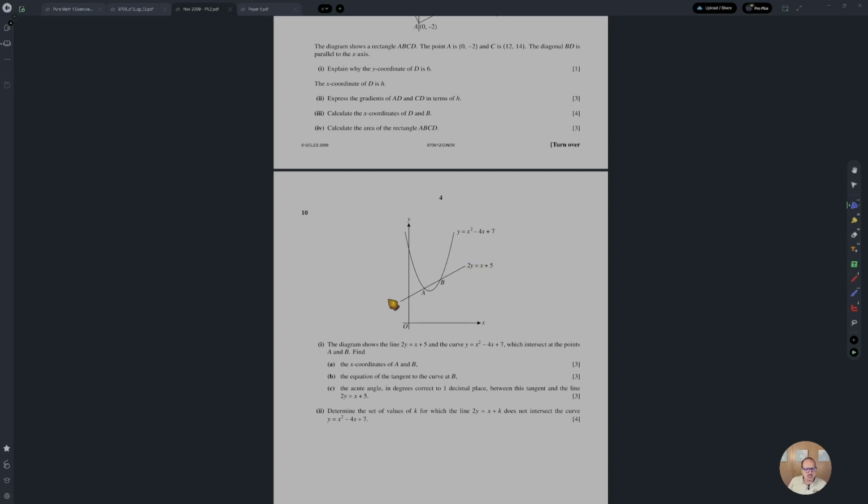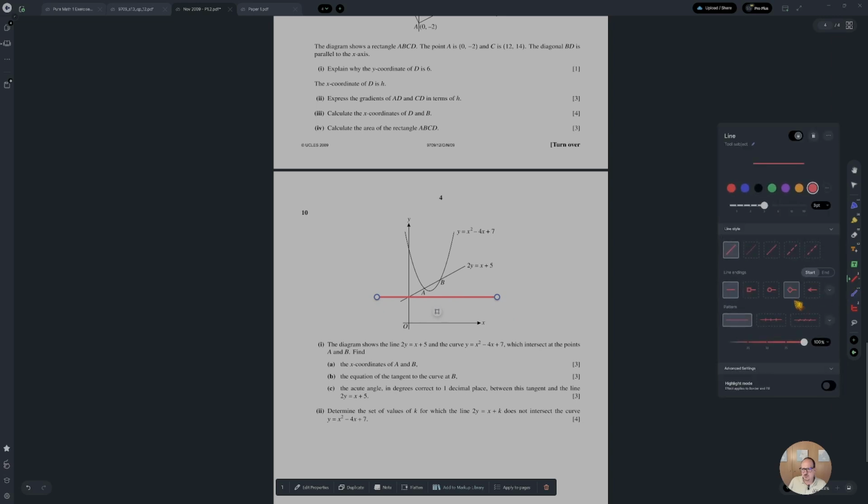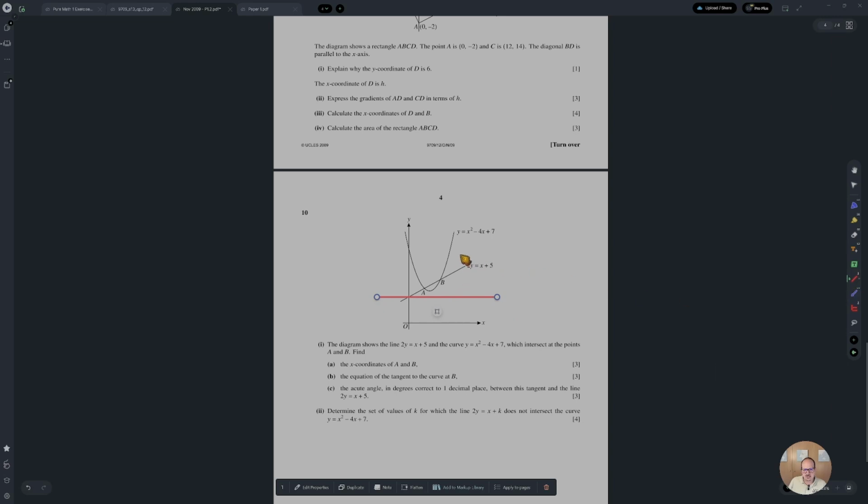I'm going to use this line that is already drawn to explain what gradients have to do with angles. And I'm going to use a line here that is parallel to the x-axis, okay? And a line that is perpendicular to the x-axis. All right?